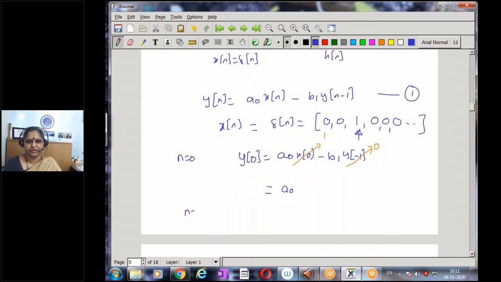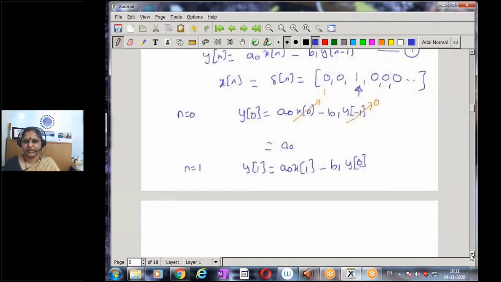Let us now put n equal to 1 in the above equation, and then we get y of 1 equal to a0 x of 1 minus b1 into y of 0. Now x of 1 is 0, because x of n is 0 for all n other than 0.